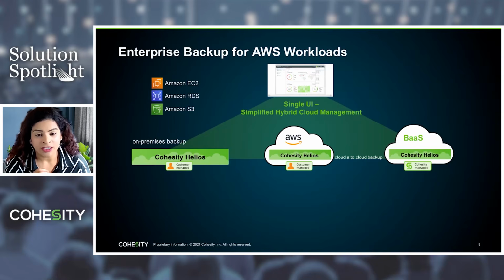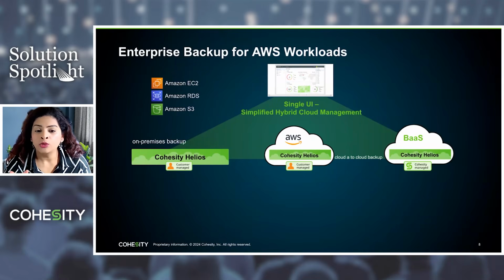And Cohesity manages that for you in case you want to eliminate all of the complexity of managing the solution yourself, even though it's not really complicated. All of this is available through a single UI, a simplified hybrid cloud management tool called Cohesity Helios.